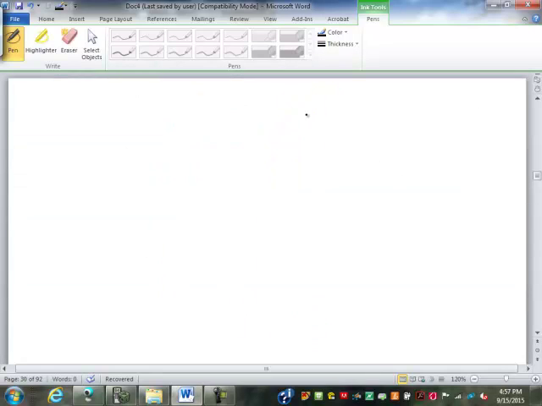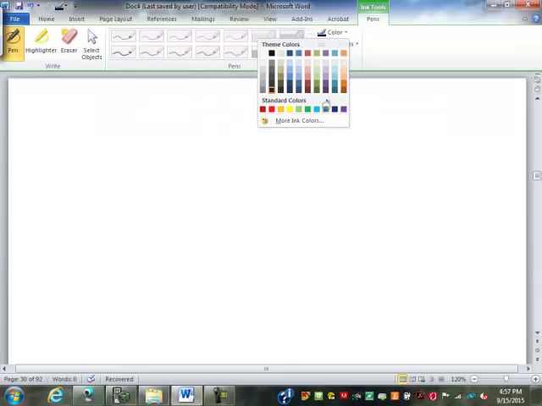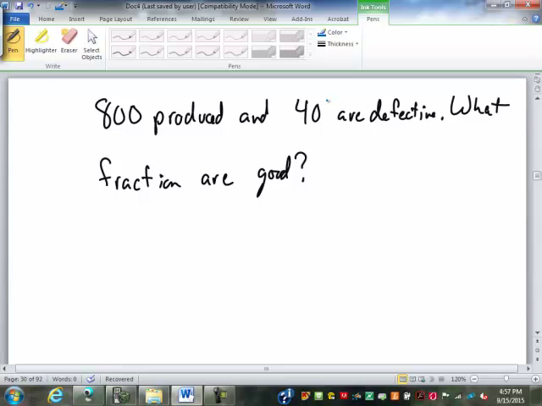Now, similar to that, let's say that we have 800 parts produced and 40 are defective. What fraction of the parts are good? What's a little bit different here?